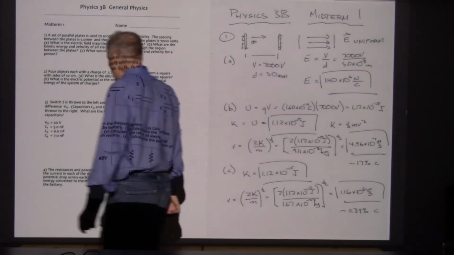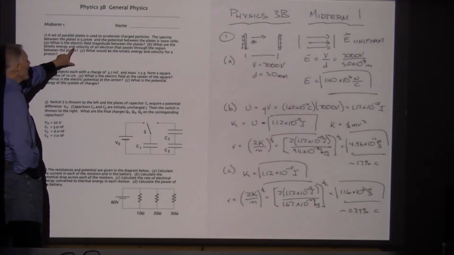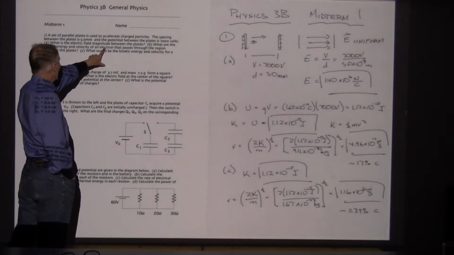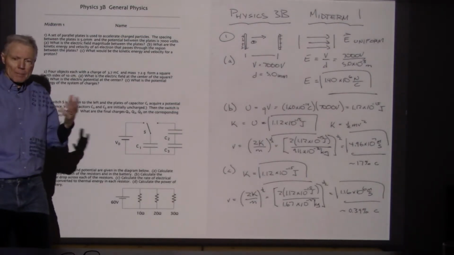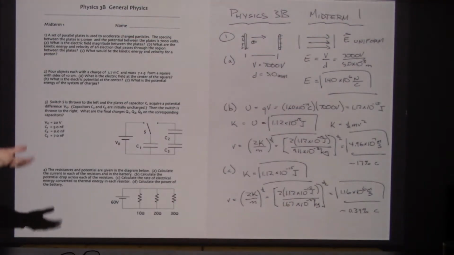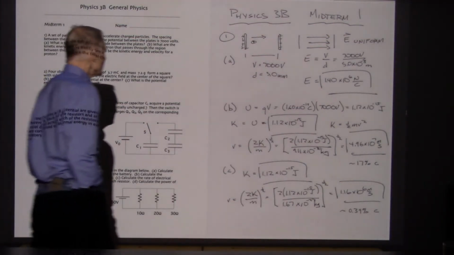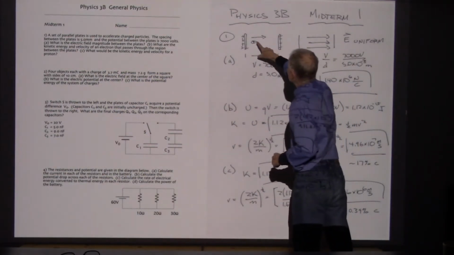In part B, it says, what would be the kinetic energy and the velocity of an electron that was placed in this region? So let's go ahead and imagine that the charge is being introduced into this electric field region. What if they're electrons? Well, the first thing we've got to do is change our diagram.